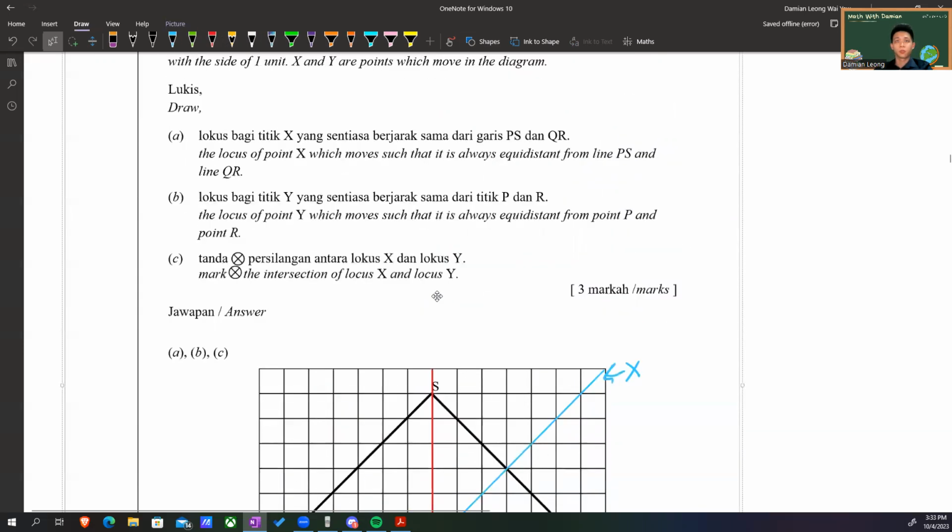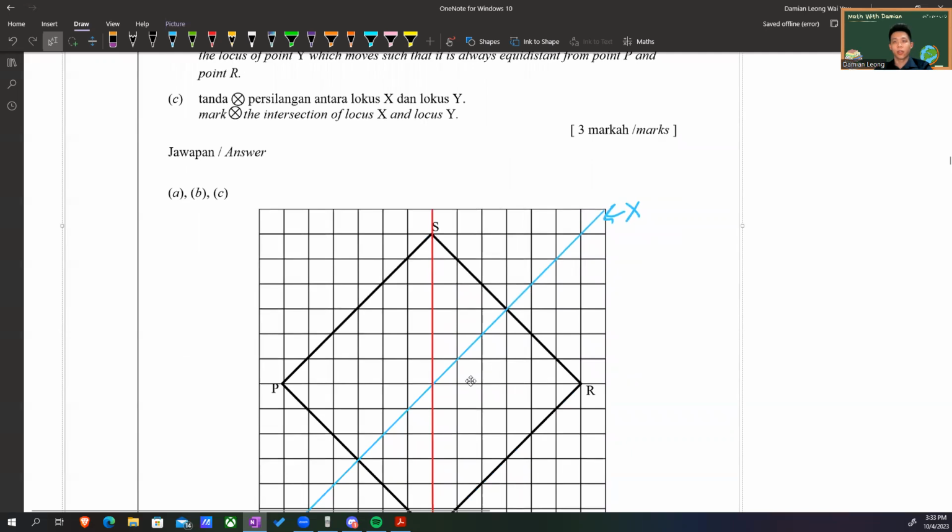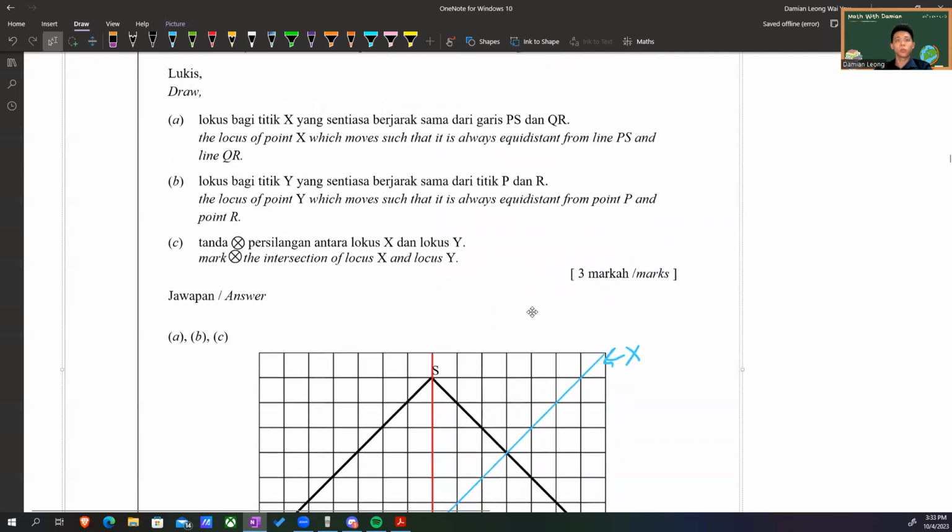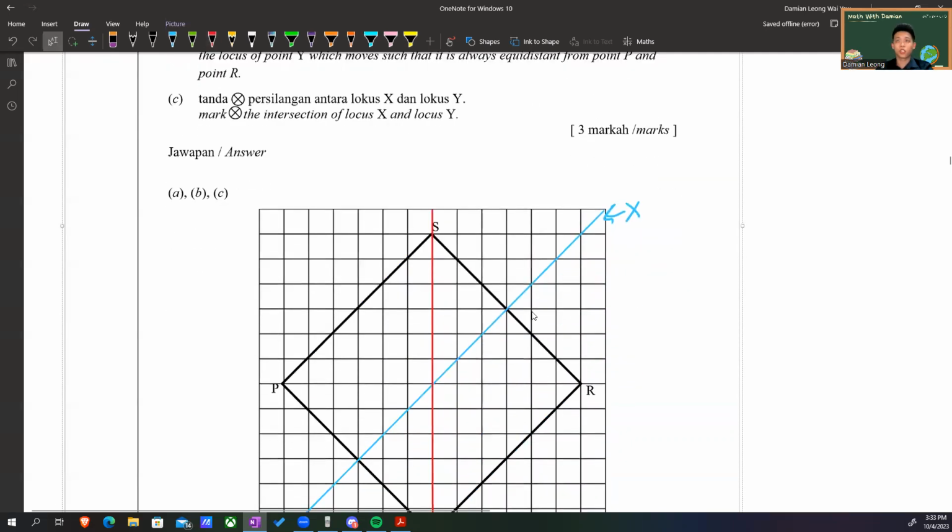Okay, 90 degrees and right in the middle. So C is just the intersection between the 2 loci, this locus Y and this locus X. So at this intersection, just mark the X. Yeah, that's it.